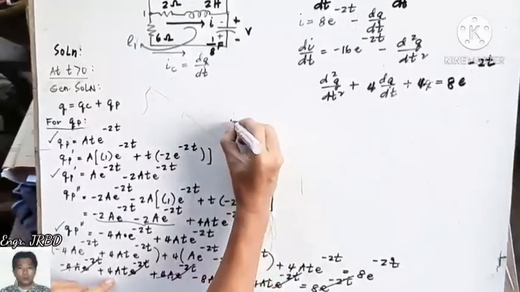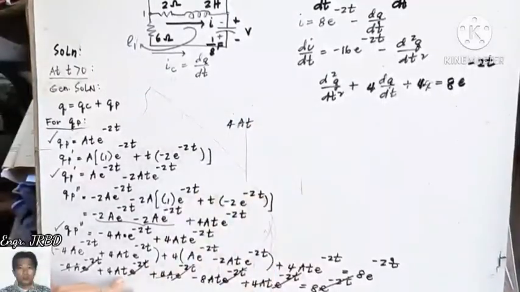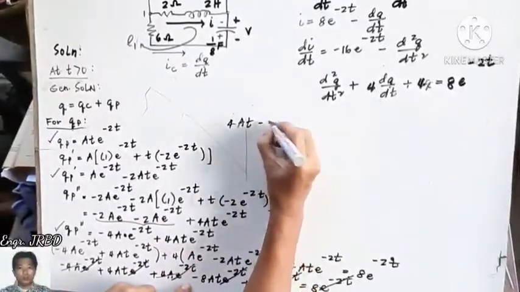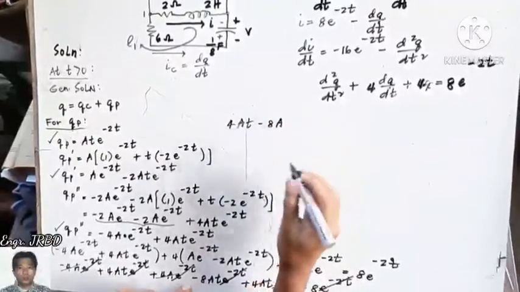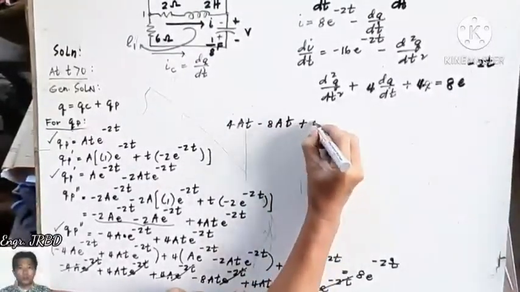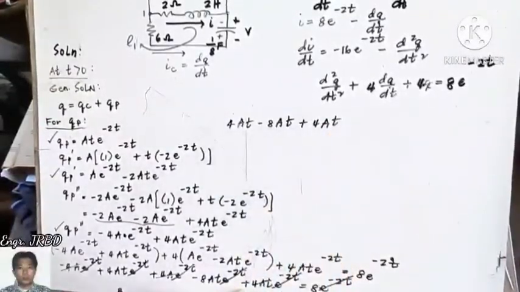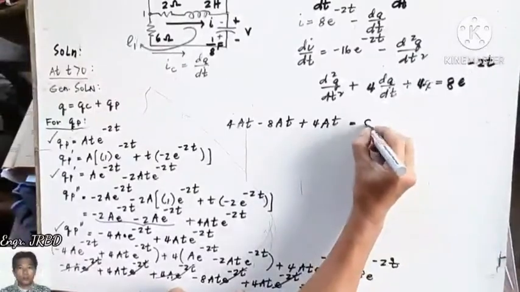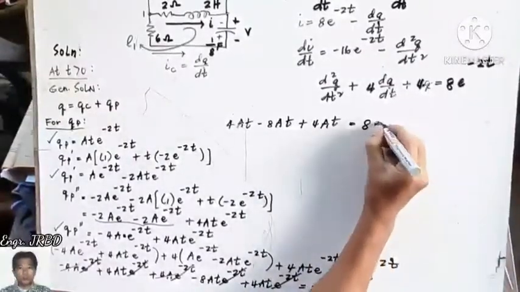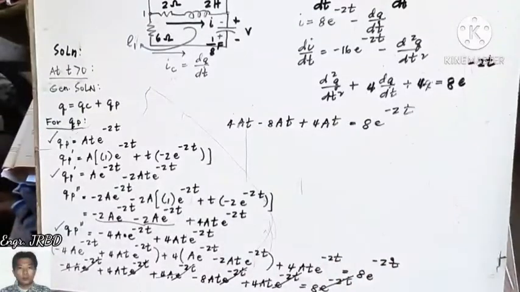So we will now have 4a times t minus 8a times t plus 4a times t is equivalent to 8 e raised to negative 2t. Okay?